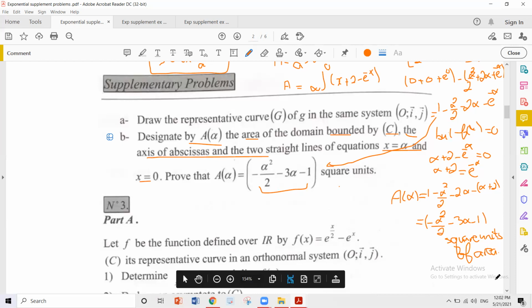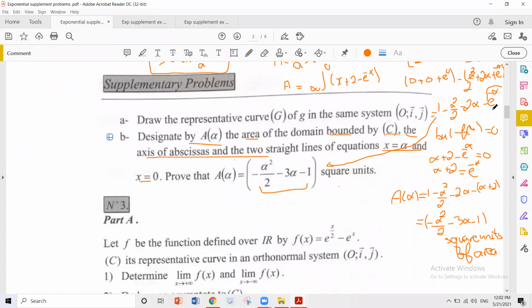Any questions about this part? What did we replace here? Here alpha plus 2 equals e to the minus alpha.